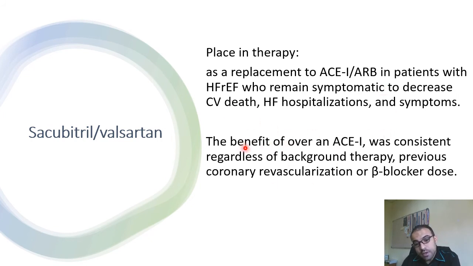This relative privilege over the ACE inhibitor was consistent regardless of how optimized the background therapy was, whether the patient underwent coronary revascularization or not, and the dose of beta blocker used that we have highlighted. In all these categories of patients, sacubitril valsartan shows more privilege as a replacement therapy for patients who are tolerating ACE inhibitors and ARBs.